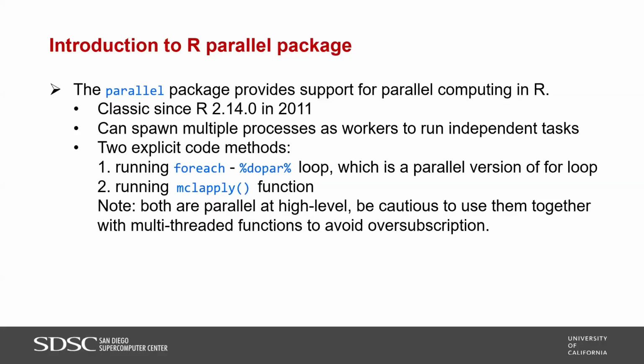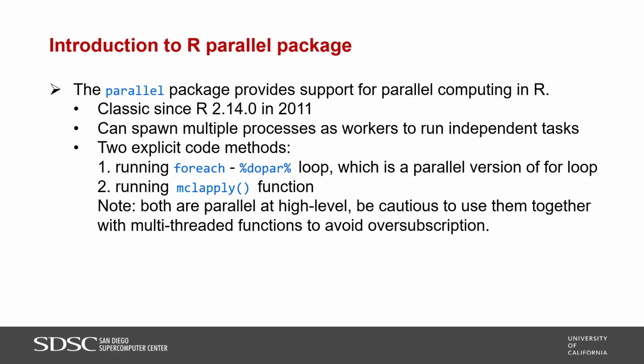So in R, a classical package for parallel computing is called parallel. The parallel package provides the support for parallel computing in R. This is a very classic one since R 2.14 in 2011. This parallel package can spawn multiple processes as workers to run independent tasks.